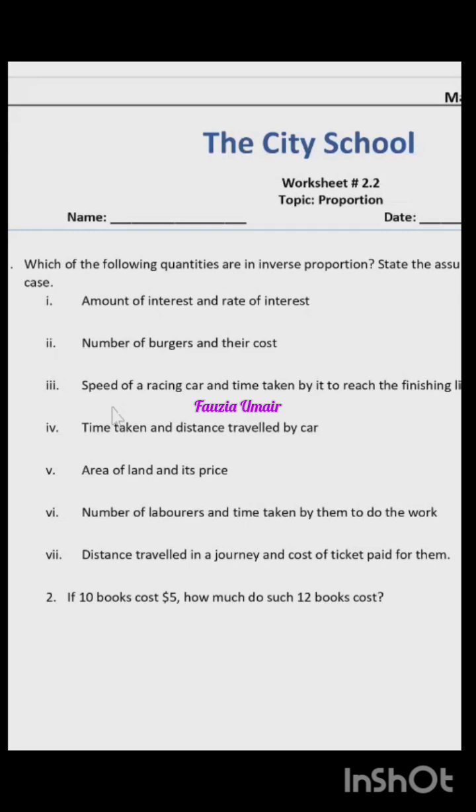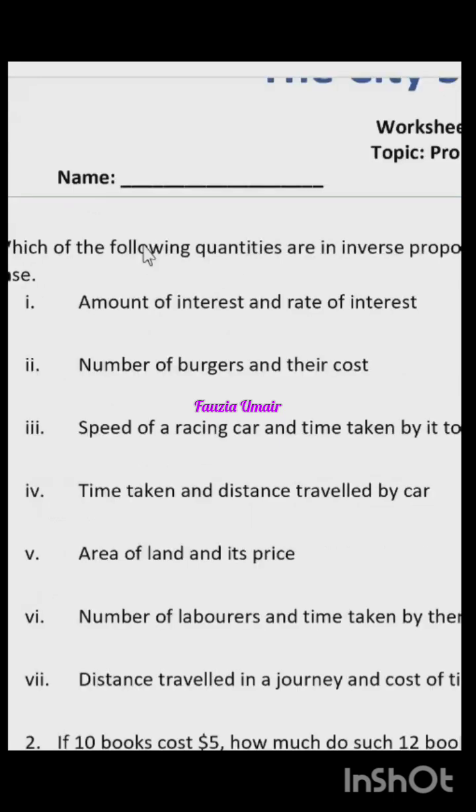Think about it. Are they linked by direct proportion or inverse proportion? Yes, Tathir. Direct proportion, because as the rate of interest increases, the amount of interest also increases. Very good. Excellent. So this is direct proportion.